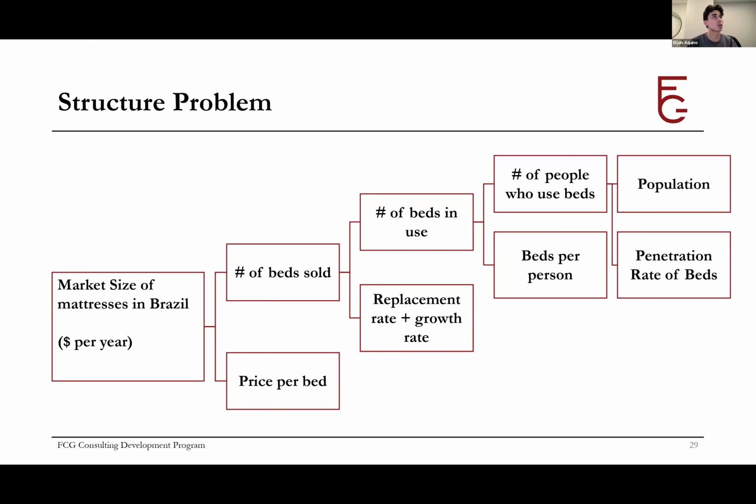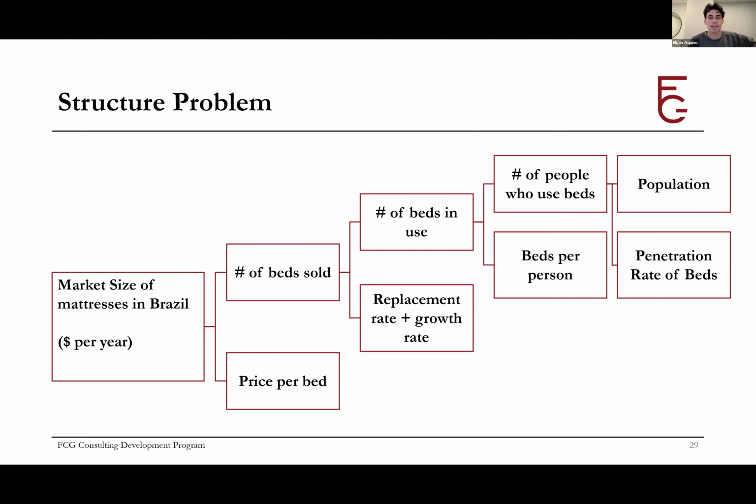Like we said, there are people that are homeless, people that are not going to be able to buy beds. So to figure out that number, we take the population times the penetration rate. That penetration rate is probably going to be high, because most of the population probably has some type of mattress. But we're just going to consider that here, right? So now that we've structured our problem, what we could actually do is add some assumptions to this.